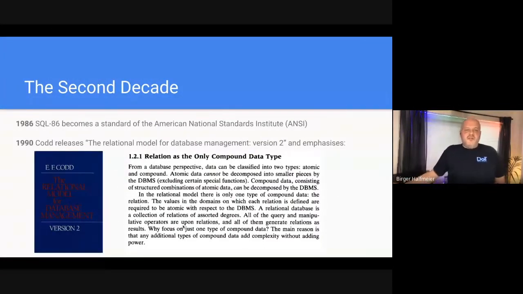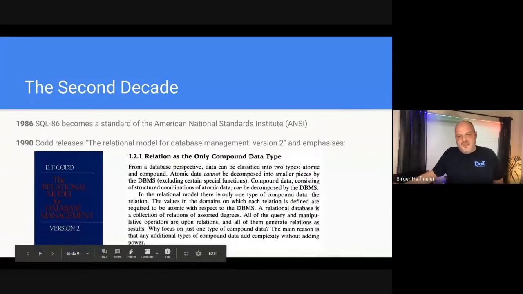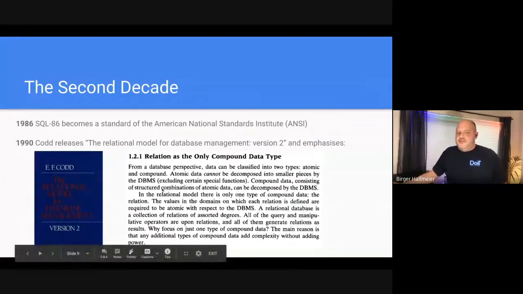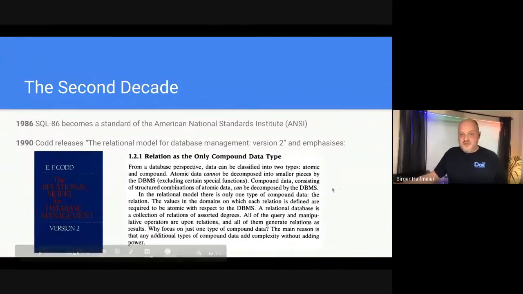I'm not going to read out this whole thing, but one thing that he re-emphasizes there is that the only compound data type in his relational model is the relation itself. So he's saying anything else would just add complexity without adding power. And you'll see why this is important in a second, because this is actually not what happened moving forward.